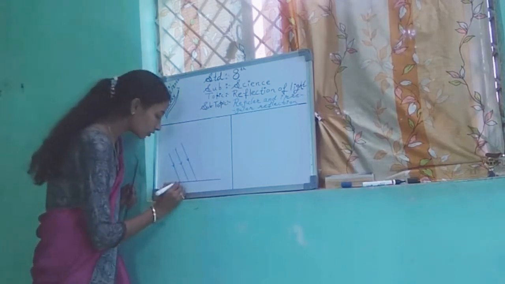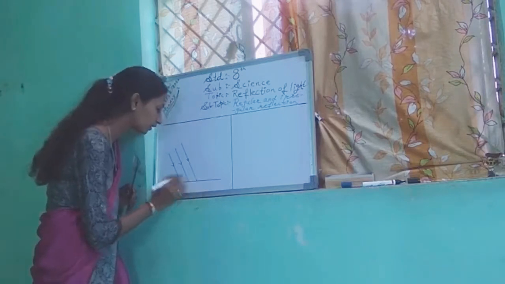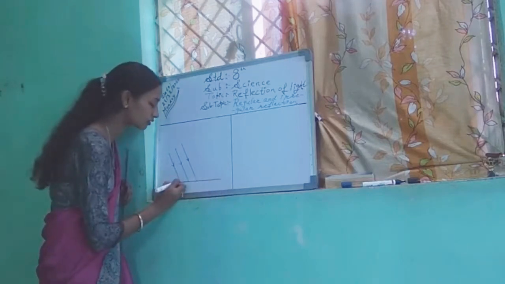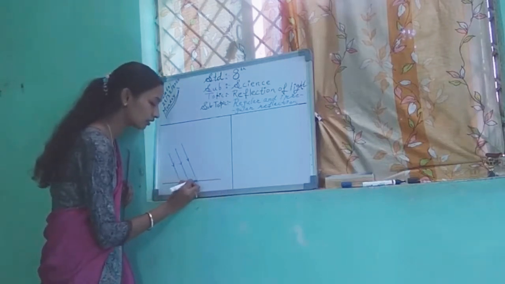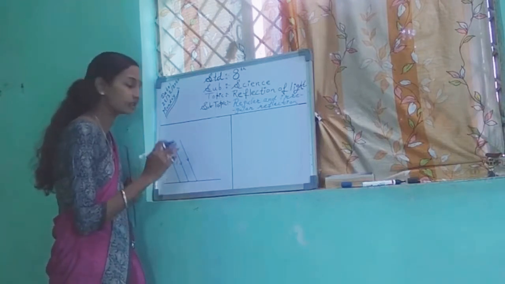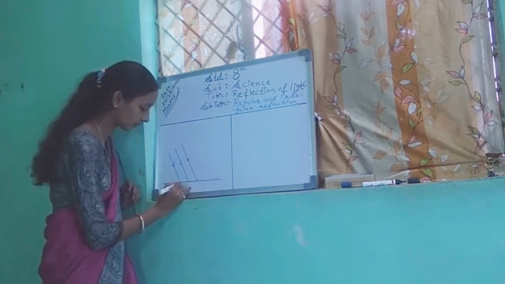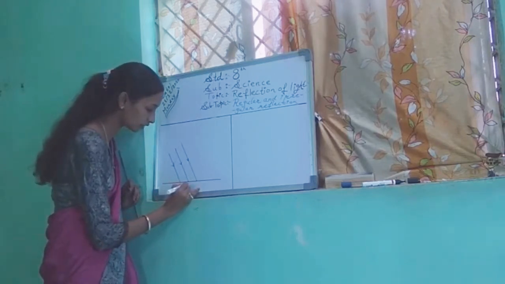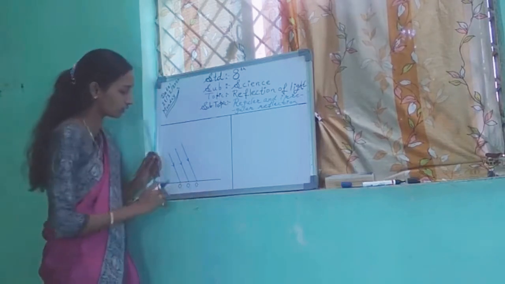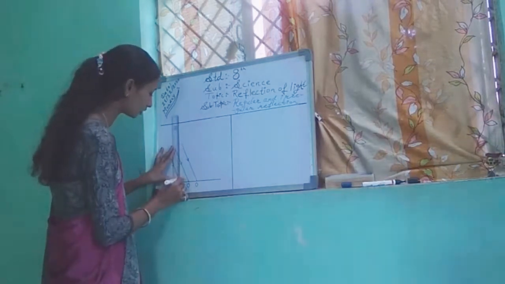Okay. So, as we have seen, the point where this incident ray falls on the reflecting surface is called the point of incidence, denoted by O. From that we can draw a normal which is perpendicular to this.